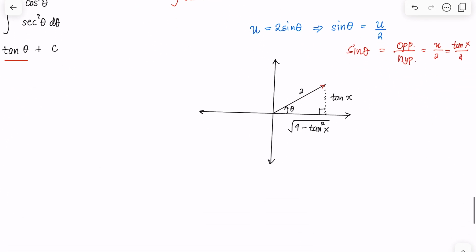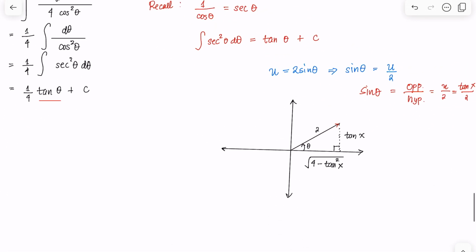We do that by understanding that the tangent of theta is simply, if you can recall, opposite all over the adjacent of this angle over here. Now, the opposite of this angle theta is the tan of x.